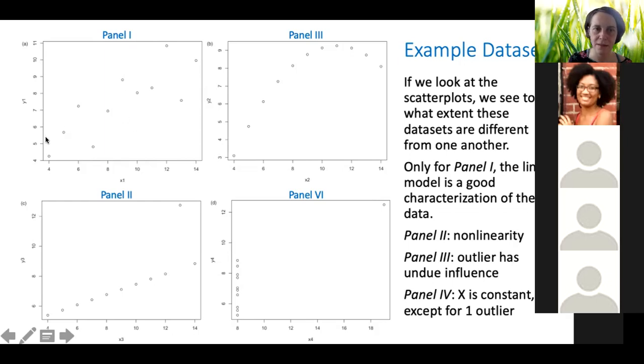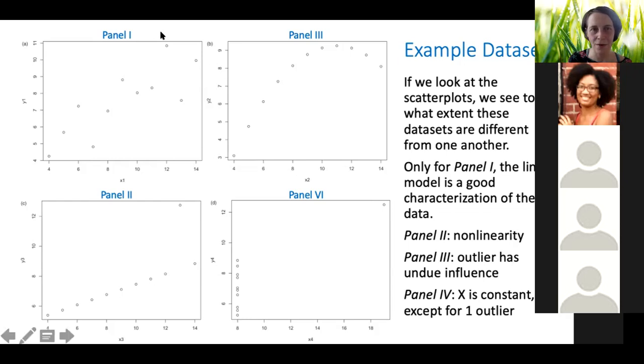So all these different data sets, if you fit them using the simple linear regression model, are absolutely identical. The descriptive statistics are absolutely identical. The intercepts, the slopes are identical. The correlation is identical. Everything is the same, but they're fundamentally different.